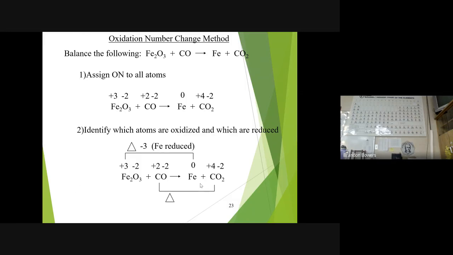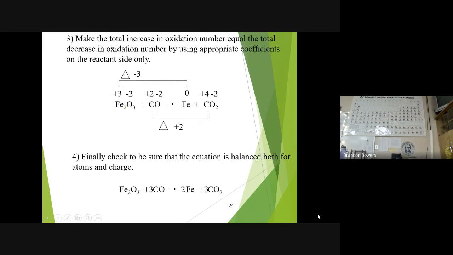Okay? All right, so we know iron is going down 3. We know carbon went up 2, right? We see that, we got that, we're good to go. Now, step 3. Let me erase this now. This is a longer one.